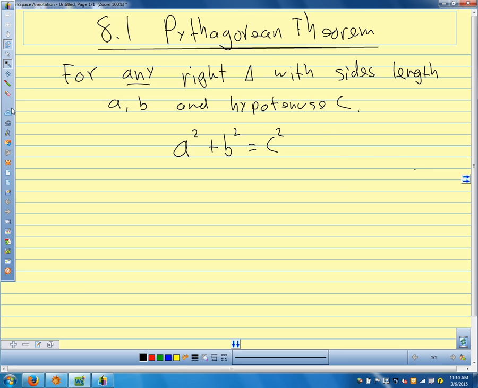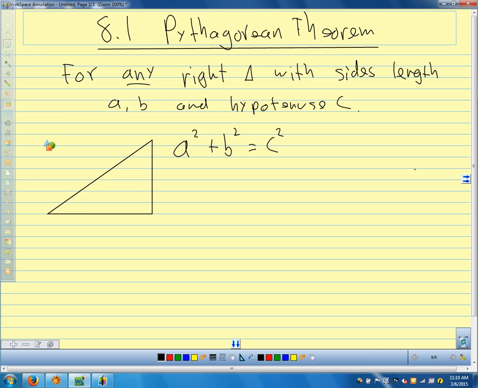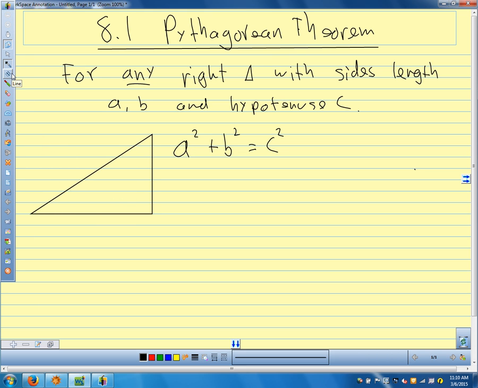Let's draw a picture. So here's my right triangle. Hypotenuse, there's my 90-degree angle. Which side's the hypotenuse? The longest side. Good.